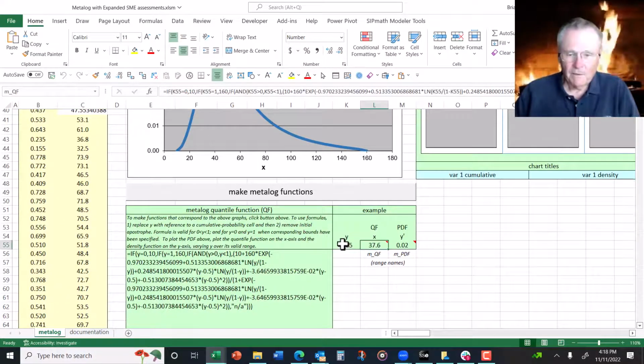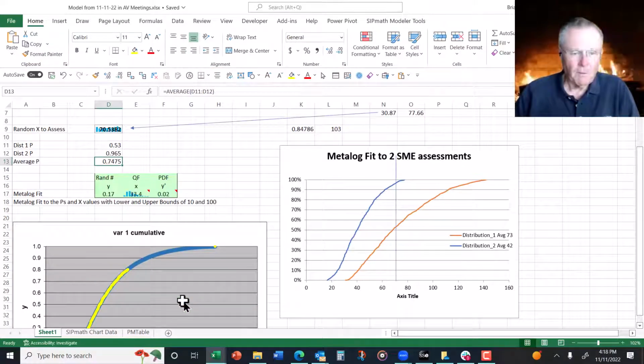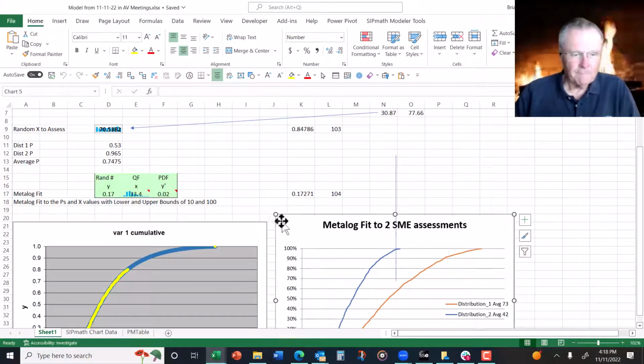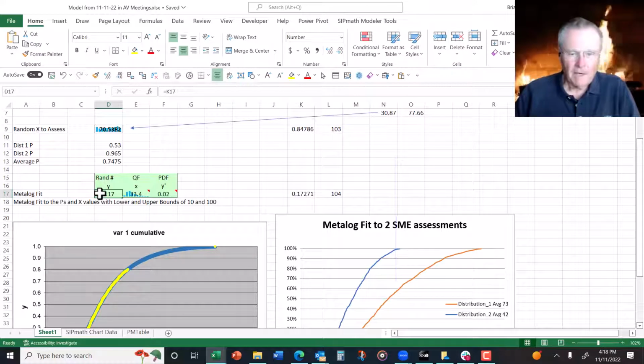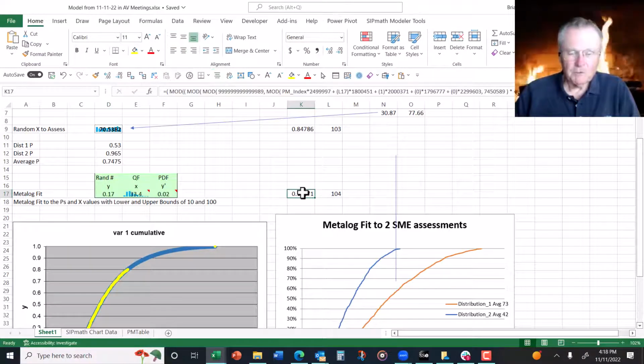And I can copy these 3 cells, or I can take all 9 of these if you wish, and bring them over to my other model. And that's what I've done over here. The only thing I need to do is where this y is, that's supposed to be a random number between 0 and 1. And so I have made that equal to this thing, which is a uniform distribution.